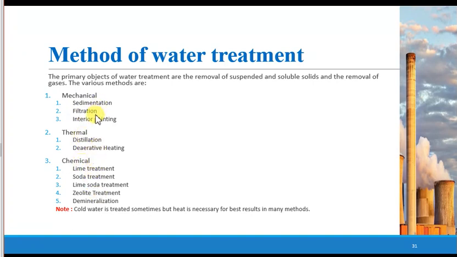For example, filtration comes under mechanical. Distillation or deaeration, which is the process of heating, is thermal, and lime treatment, soda treatment, etc. are in the chemical category. These are discussed in the textbook, and you have to read it from there.